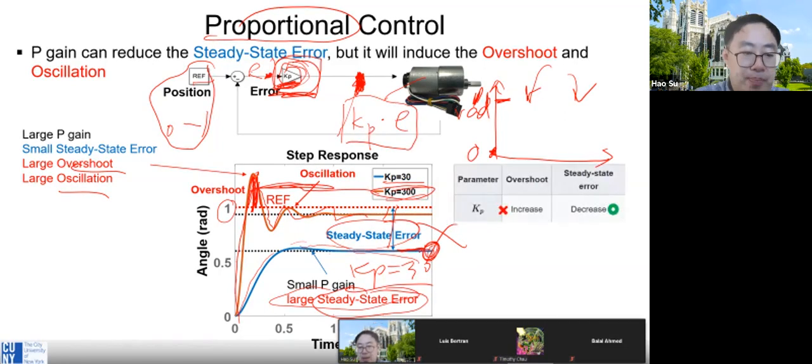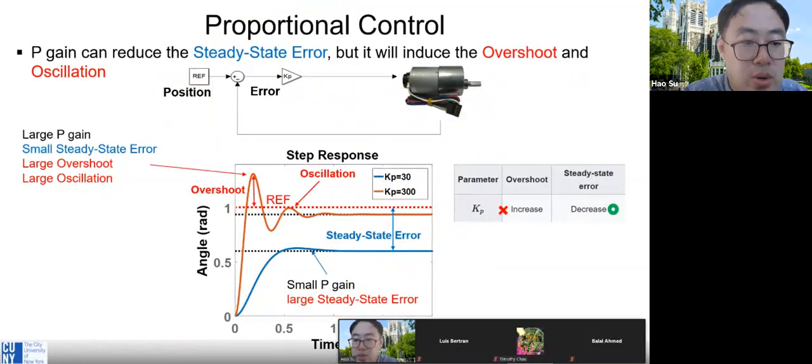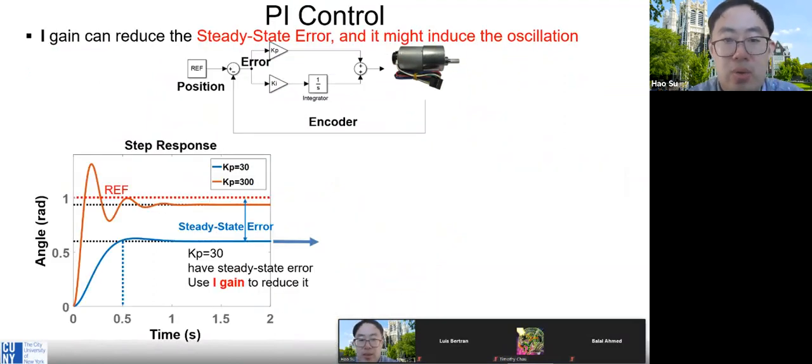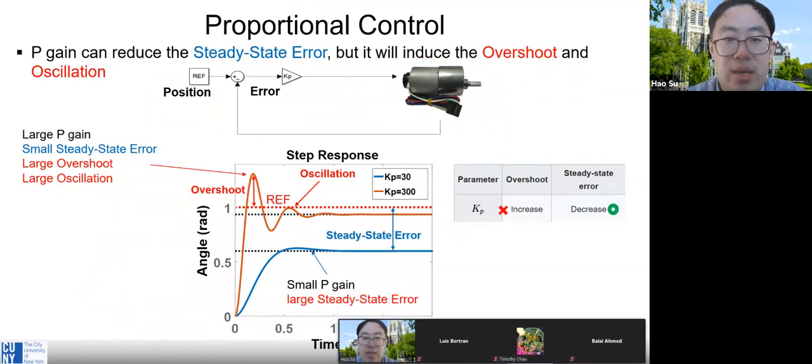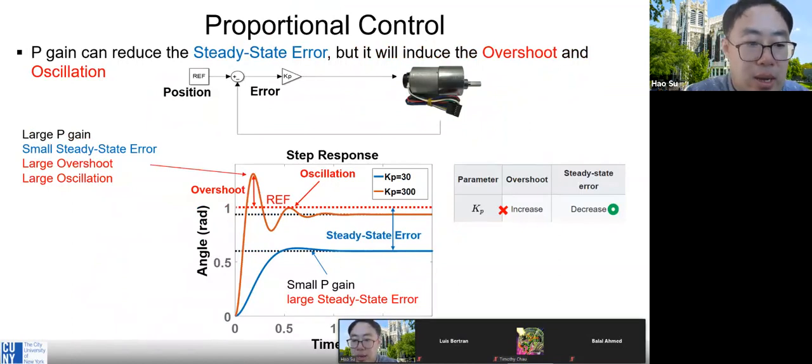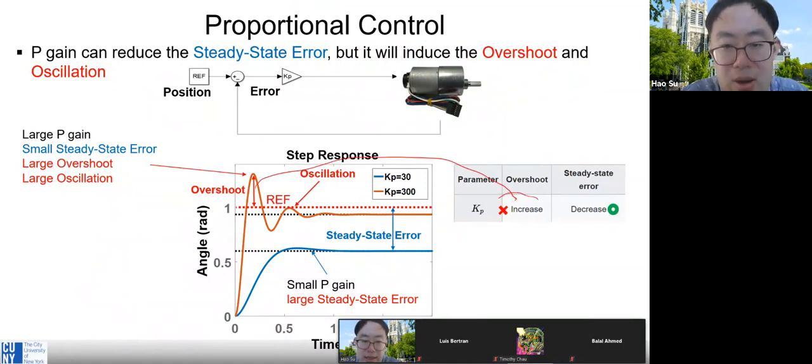But from this diagram, we can make some initial conclusions about what a KP can do. If the KP is too large, in this case, it can cause overshooting. And if you make the KP larger, you can decrease the steady state error.